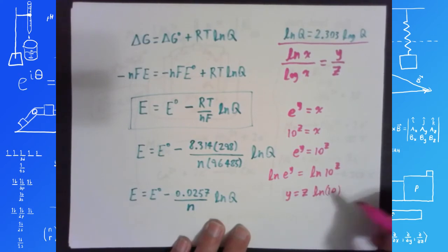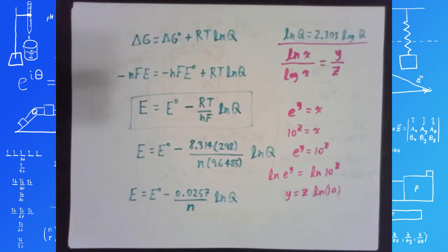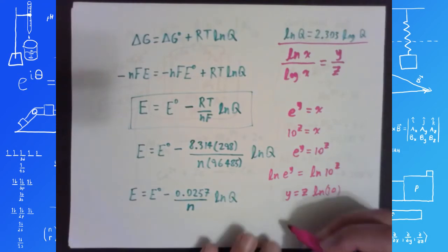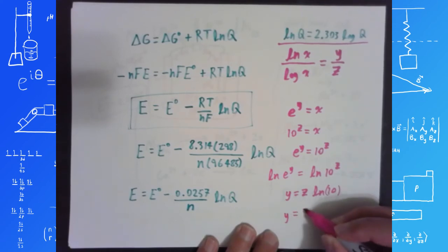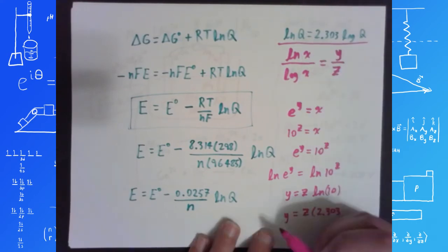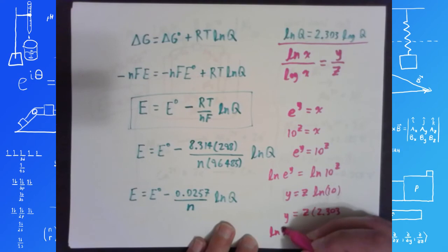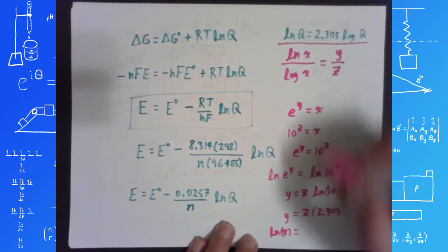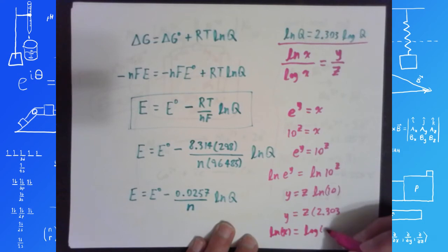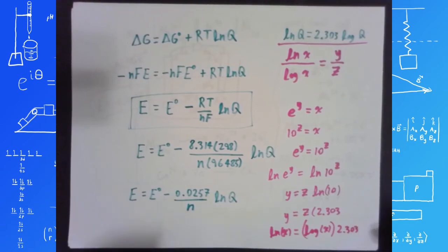And what's the natural log of 10? If you plug it into your calculator, natural log of 10 is 2.303. So y equals z times 2.303. Y is ln of x, so ln of x equals z, which was log of x, times 2.303. And there you go. So that's where that's coming from.